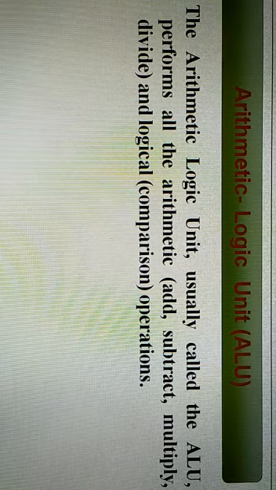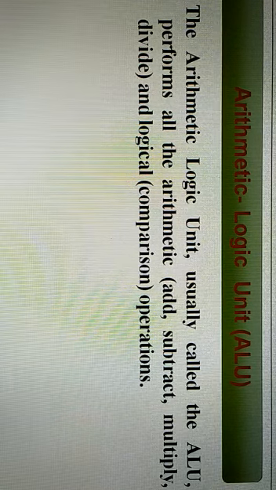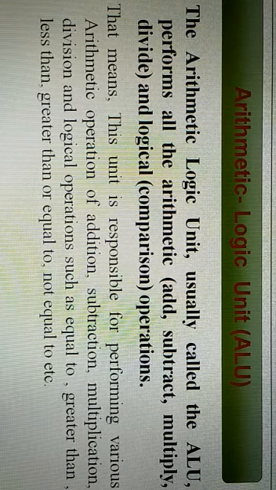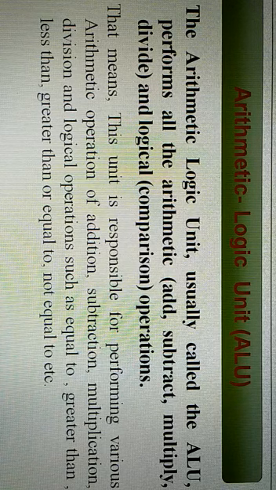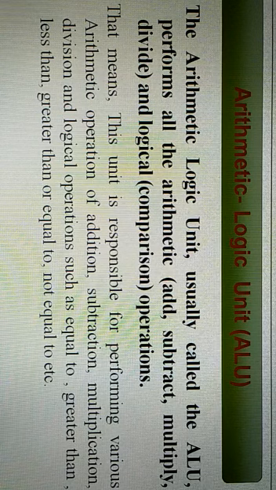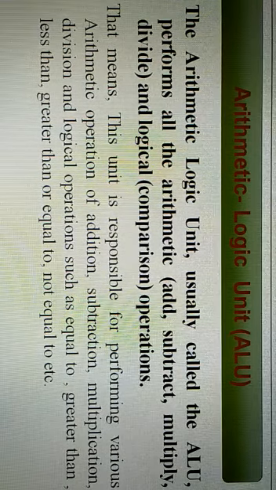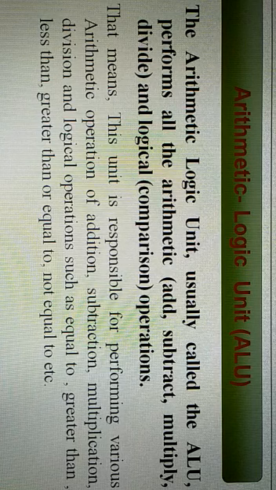Logical calculation means comparison, that is equal to, is greater than, is less than, etc. So this unit is responsible for performing various arithmetic operations of addition, subtraction, multiplication, division, and logical operations such as equal to, greater than, less than, greater than or equal to, not equal to, etc. That means comparison. Logical operations always give the result whether it is true or false.